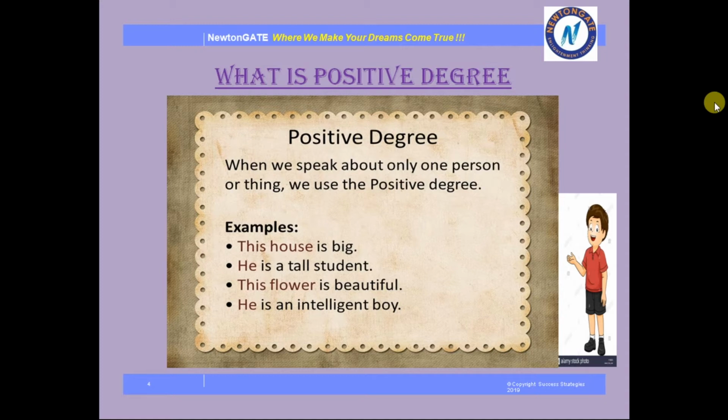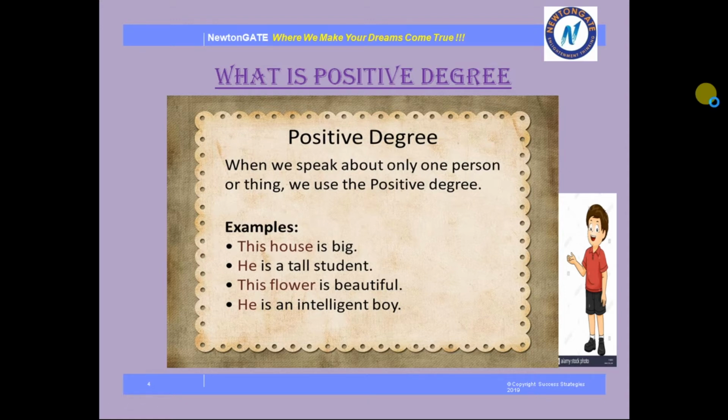See, here are some examples. He is an intelligent boy. I am talking about only one boy, and that boy is intelligent. So here we are using a positive degree.